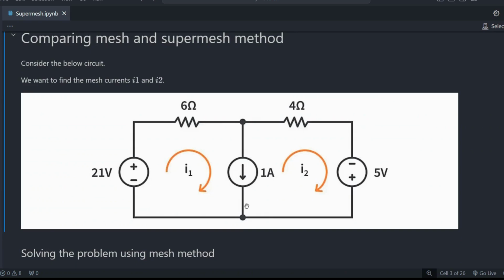Because I1 and I2 are simultaneously flowing through this branch, we can get another equation called the helper equation. With these two equations, we can solve and analyze the circuit and find I1 and I2 respectively.